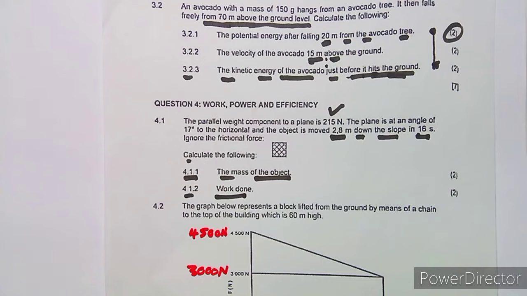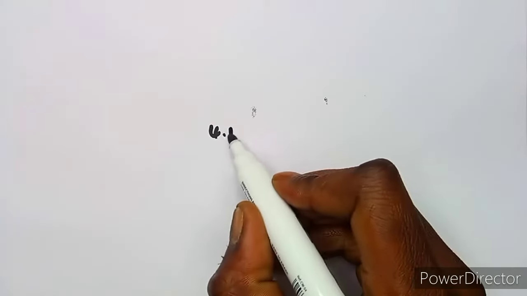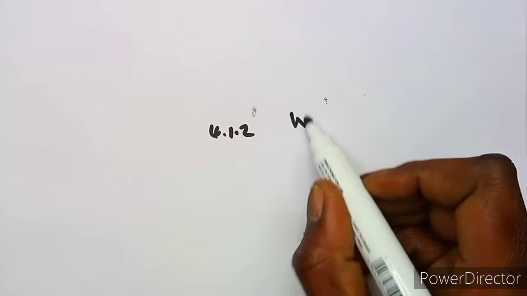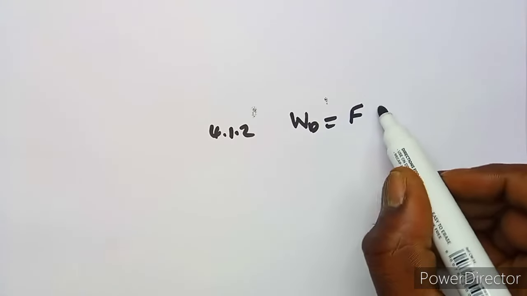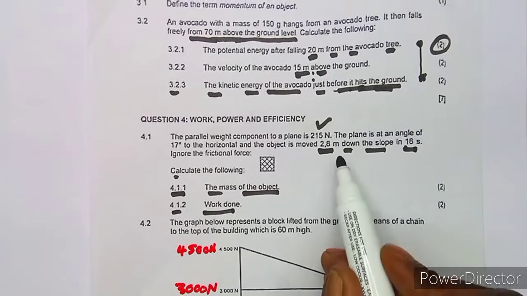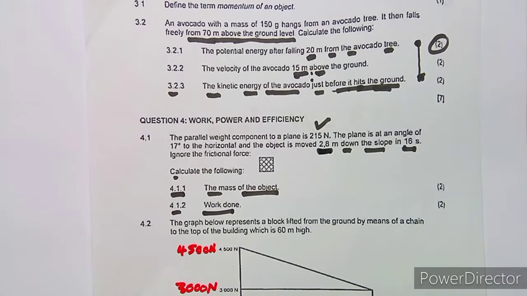If I am given a force, okay, let me write the formula first. If I am given a force, definitely I'll be able to calculate work done, because force times distance, because you're actually given the distance of 2,8 which was moved. But do we have this force? Which force are we talking about?